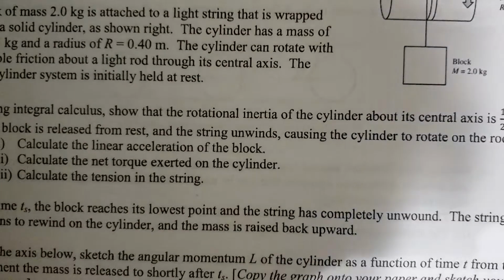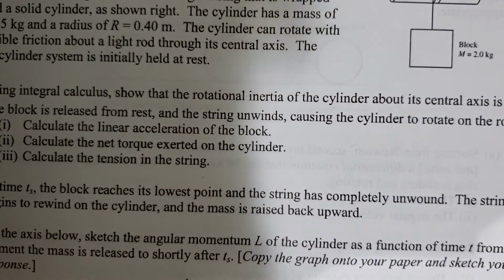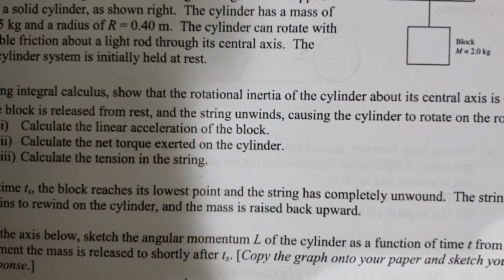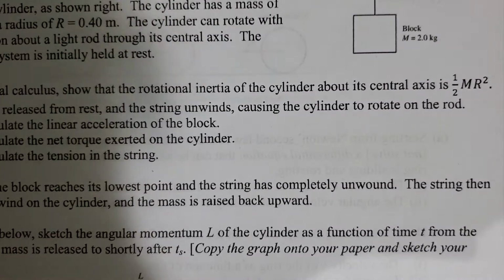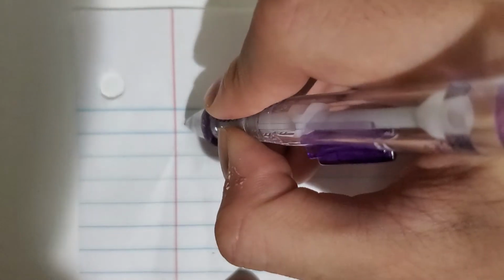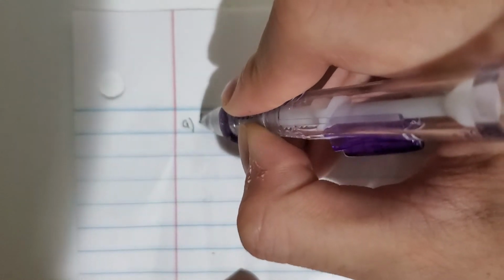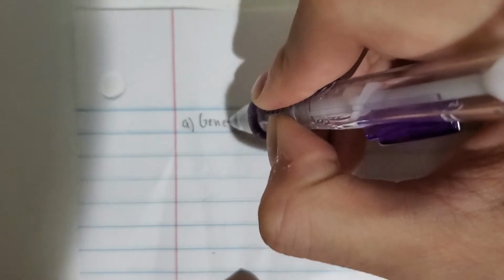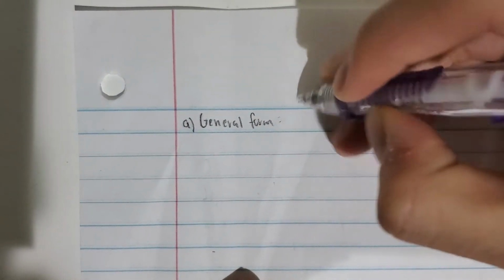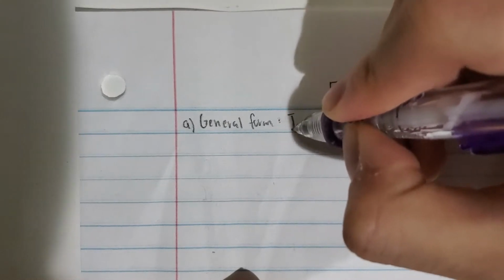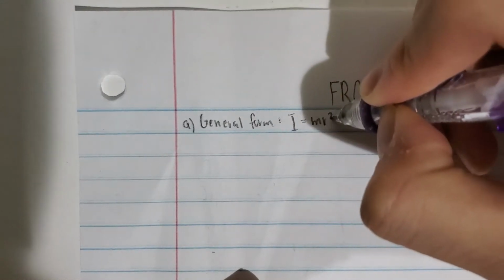So now part A asks us to use calculus to show that the rotational inertia of the cylinder about its central axis is 1/2 mr squared. To go about doing this, I'm going to start with the general form for the moment of inertia of any object, and that is I is equal to mr squared.